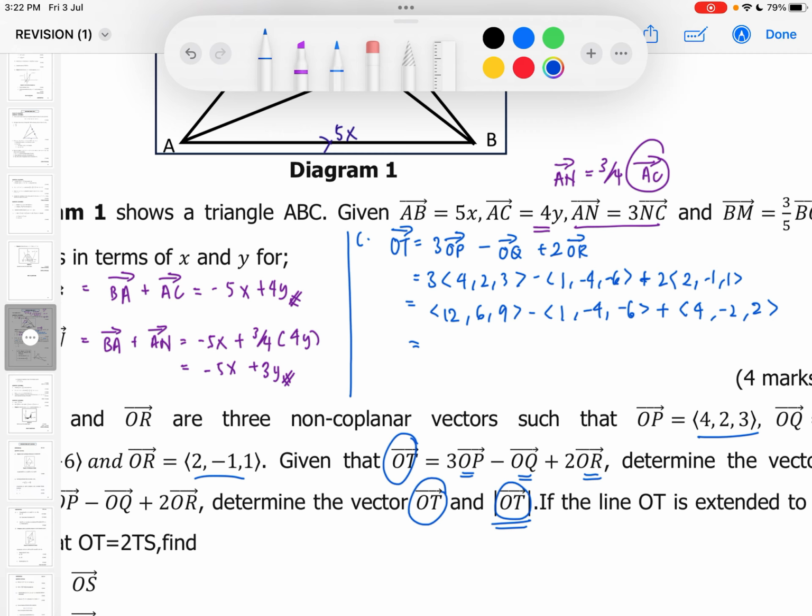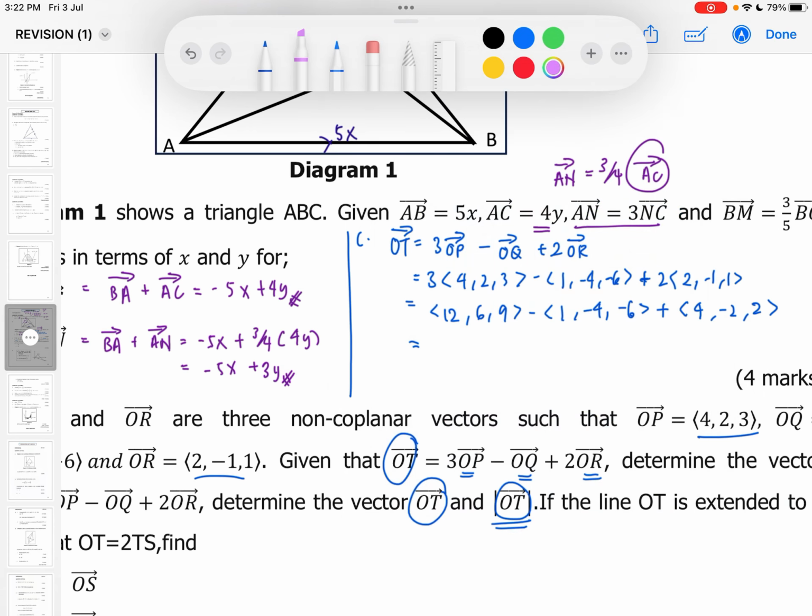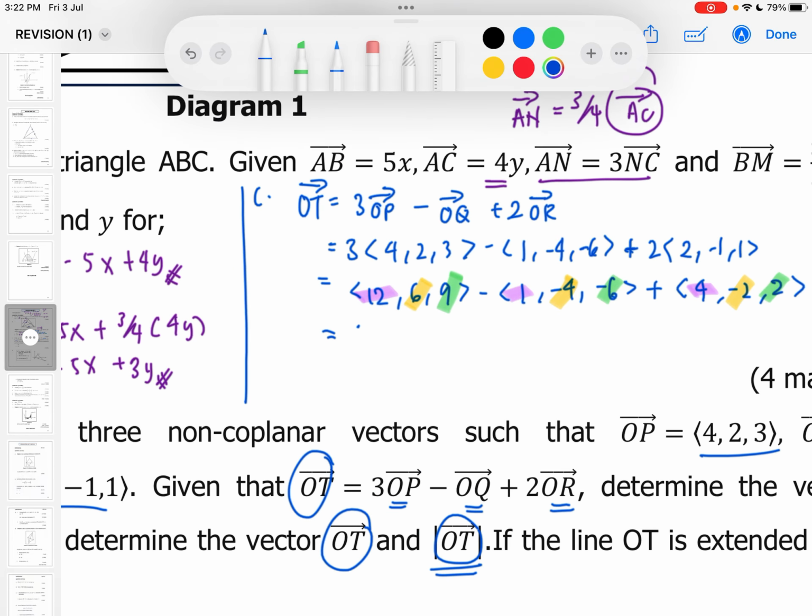Okay, so let's add according to which coplanar vector it belongs to. For example, this is for x, this is for y, and this is for z. So we are going to add according to that. 12 plus 1 plus 4, 6 minus 4 minus 2, 9 minus 6 plus 2.